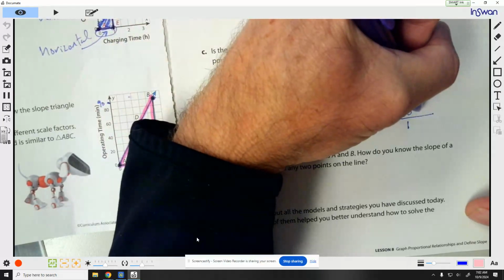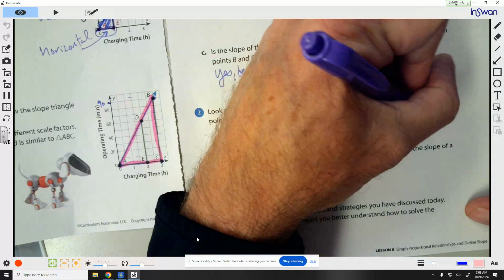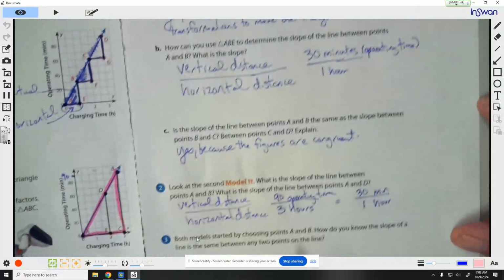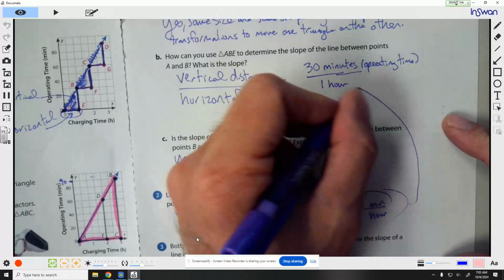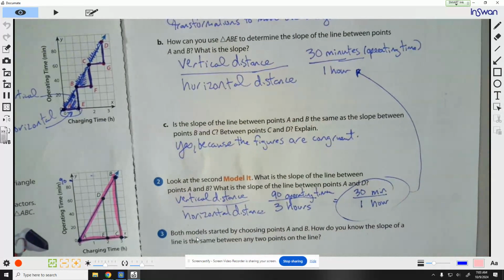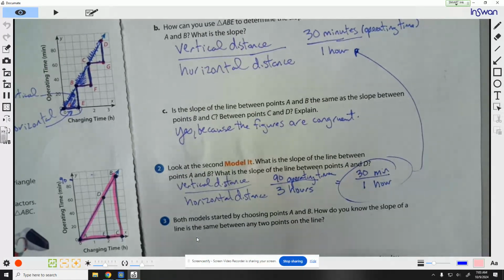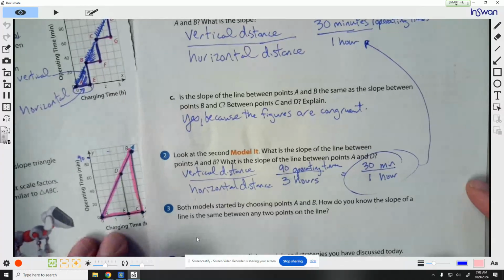So I get 30 minutes for every 1 hour of charging. And if we notice, that is the same thing that we came up with above. So we got the exact same slope. We know those segments are the same, they're congruent.